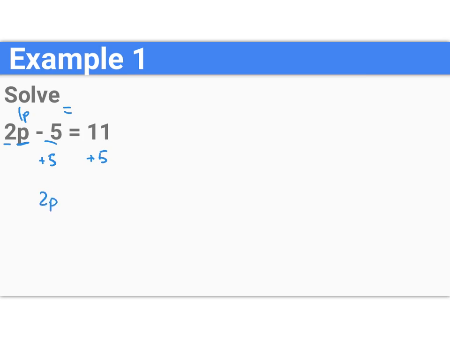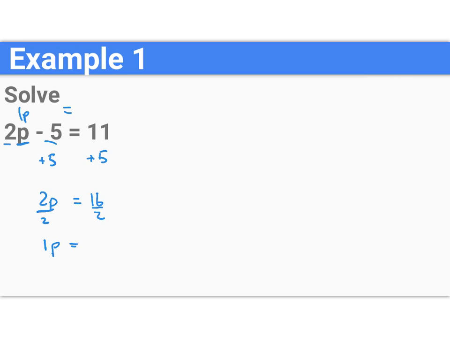2p, -5 plus 5 is 0, so it goes away, equals 11 plus 5, which is 16. Now, we have to make 2 into 1. And how do we make 2 into 1? We multiply it by a half, its inverse, or we just divide by 2. It's the multiplicative inverse, which is another property. So 2 divided by 2 becomes 1. We now have +1 in front of p.